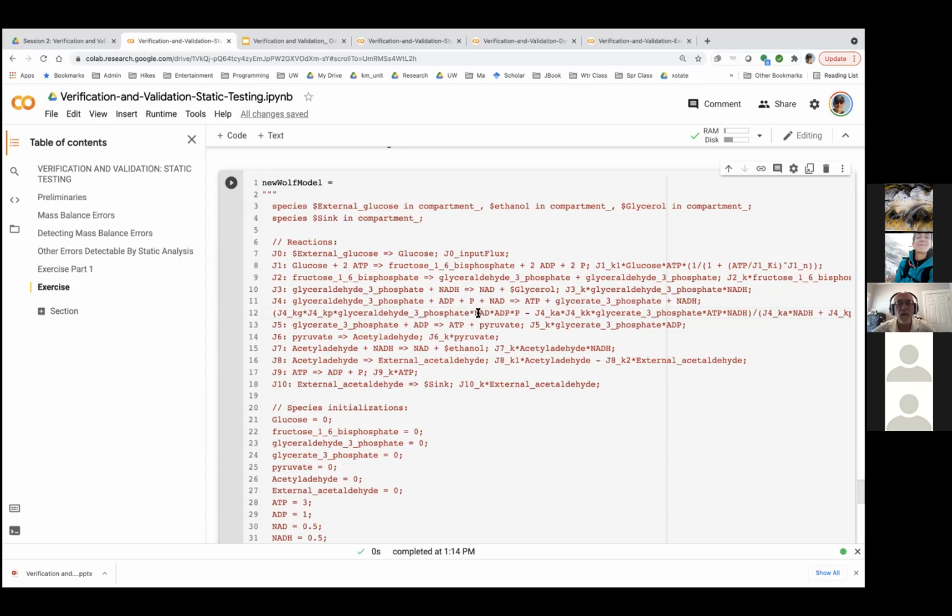By adding the inorganic phosphate here, you're going to change the stoichiometry matrix. And then the kinetics expression is going to change the rate at which the reaction is actually occurring. And that will affect what the concentrations are for the species in both reactants and products.